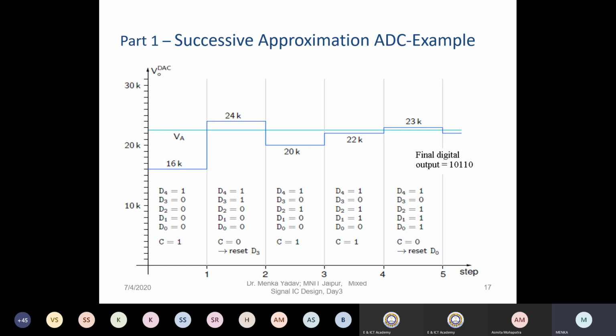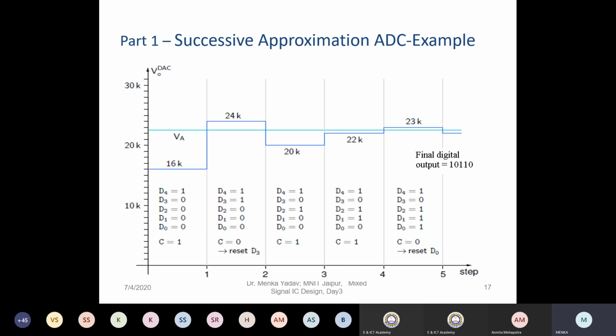So I will set D4 equal to 1, correct? Because the comparator output was positive. It means V in was greater than the digital output. Now in the next step, I will set the D3 bit, and then I have to check whether my output, which in this case becomes 1 1 and all zeros, is greater than VA or not.